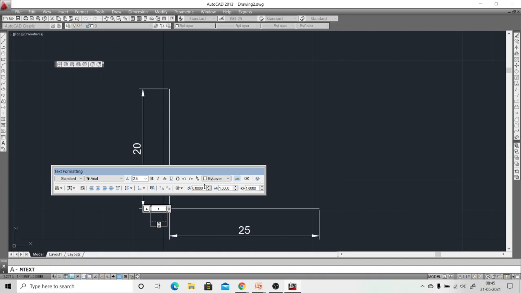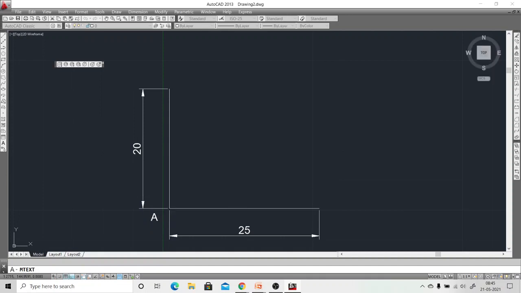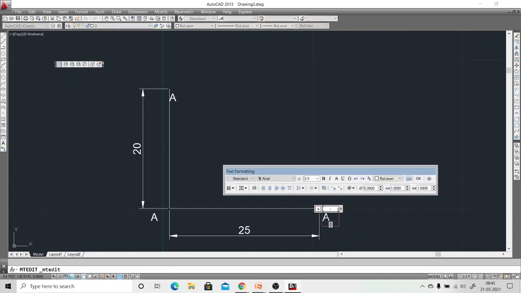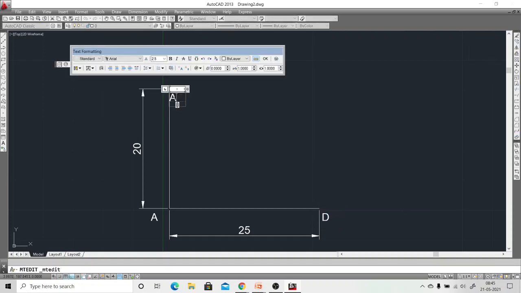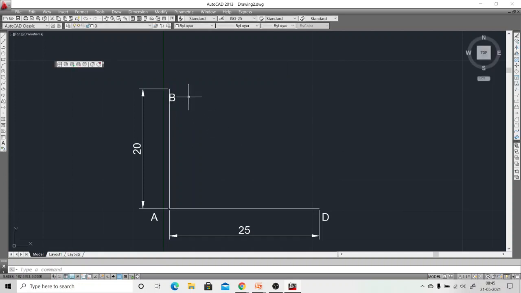All dimensions are mm. Now this point is A. Now this point is D. This point is B. I think you can draw the lines in your paper.